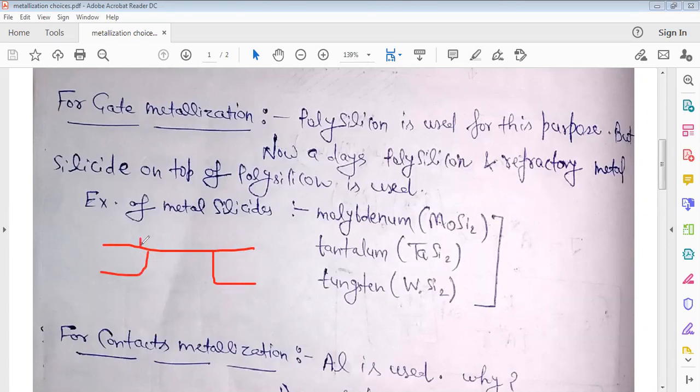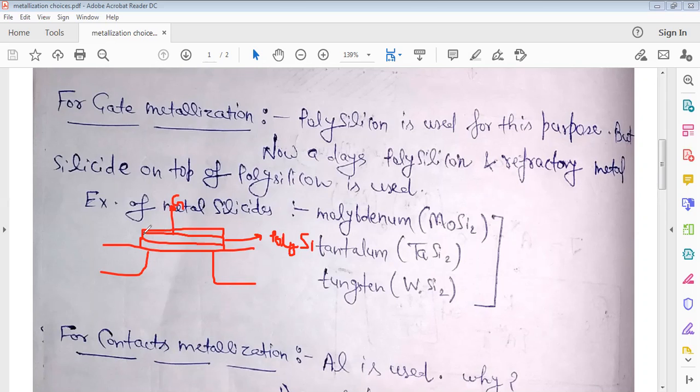This is the SiO2 layer and this is the polysilicon layer above which gate contacts are made. But nowadays another layer on top of this polysilicon layer is also used in order to decrease the resistance, and that layer is a refractory metal silicide layer.